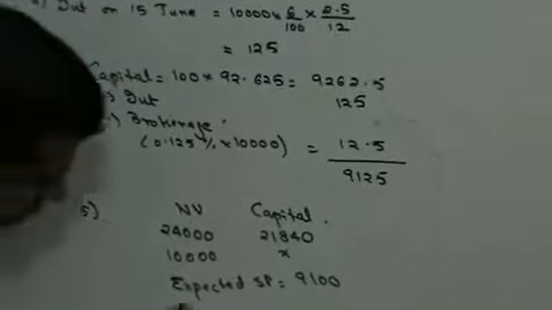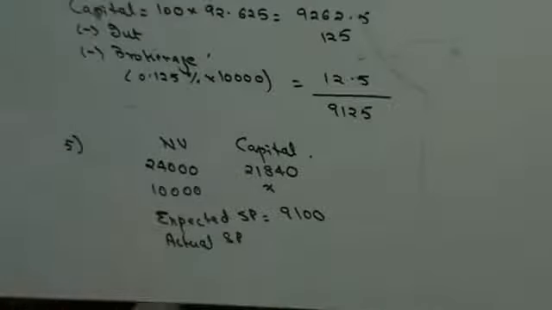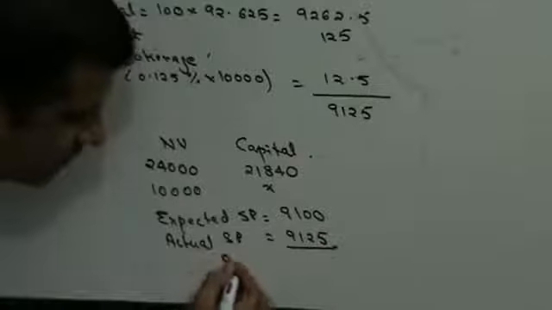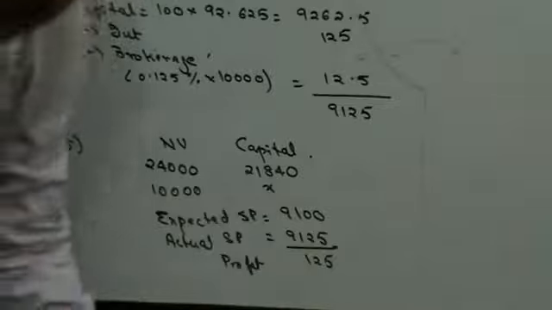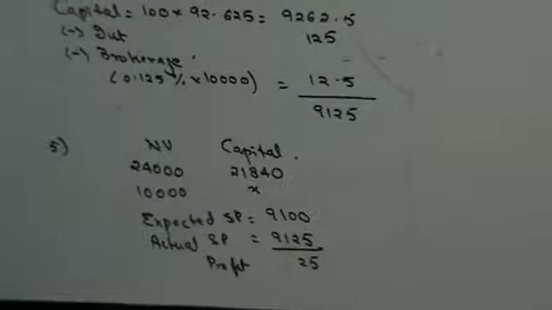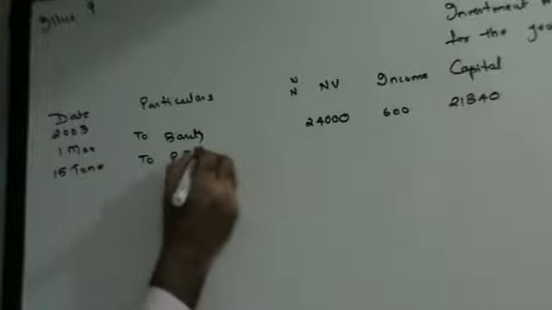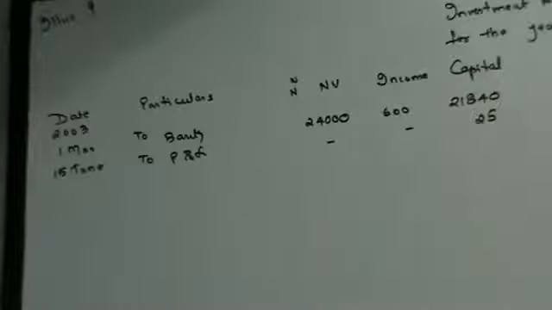Actual selling price we found out was 9125. So my profit is 25. So you have a profit, which will come on the debit side, 15th June, to P&L. Profit is 25. Do we get this?